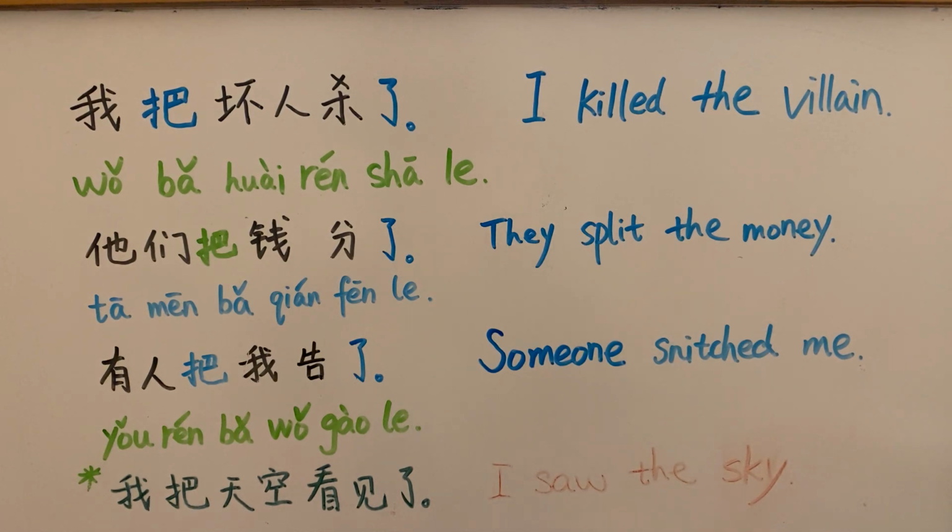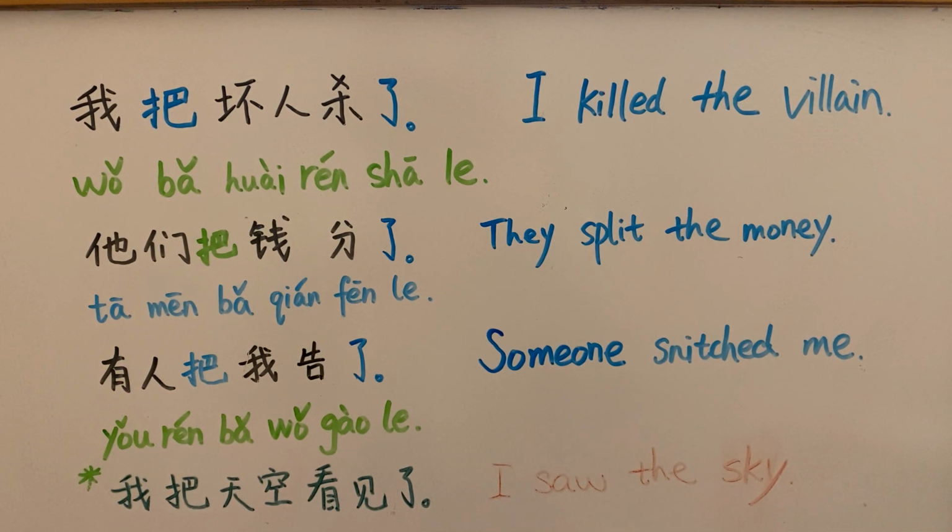So we can see here the reason, or when to use 把 in a sentence to form this sentence pattern. What is very important is that there will be a noun that follows this 把, which can be easily affected or influenced by the subject, or the Chinese sentence will be incorrect, like this one. 我把天空看见了. You can see that I saw the sky is a correct sentence in English.